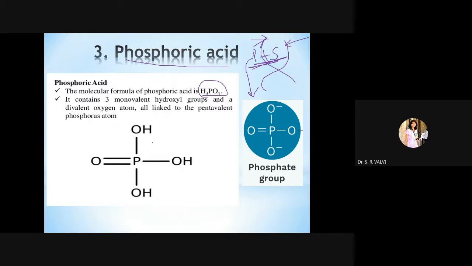H3PO4. This is hydrogen number 1, 2 and 3, H3. Then O4. Let me change the color.